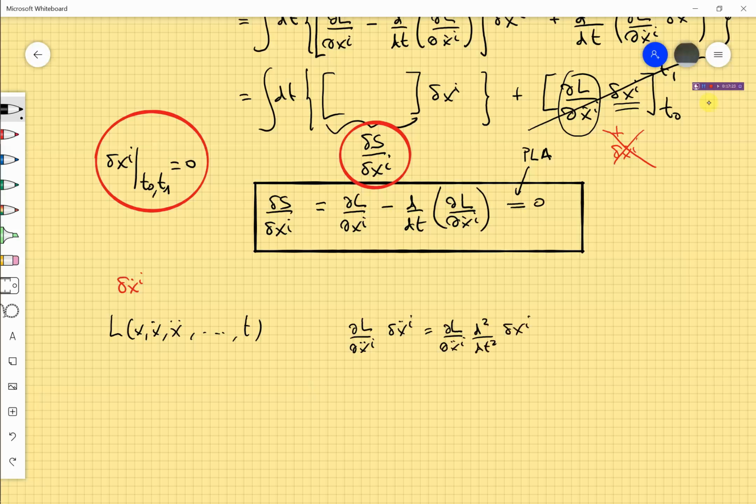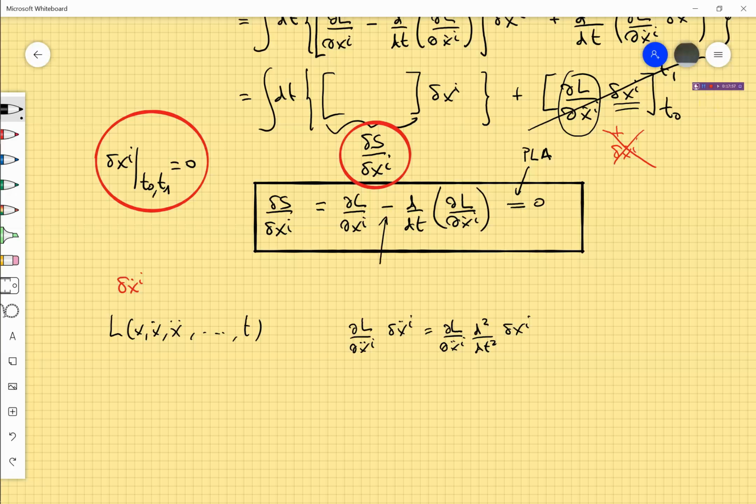And now, in order to bring this to a form proportional to just delta xi, you have to integrate by parts two times. Integrating by parts two times, you will get this d squared dt squared of partial L partial x double dot I. But each time you integrate by parts, you get a sign. So instead of a minus, like here, you will get a plus.